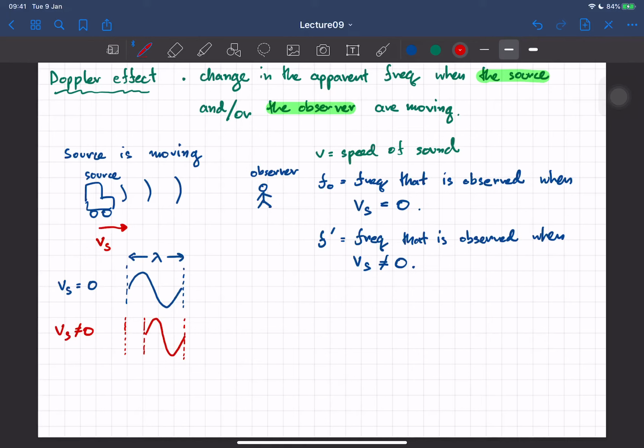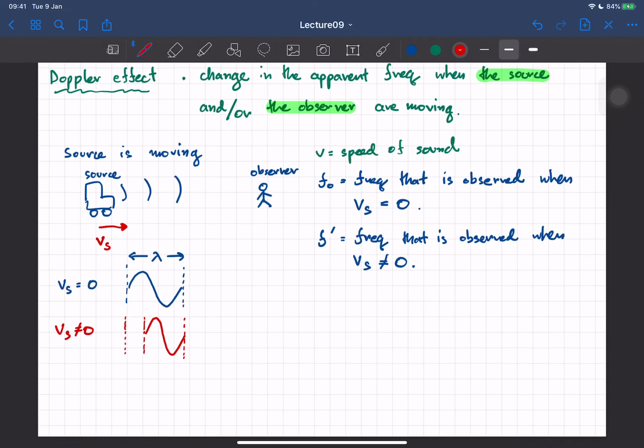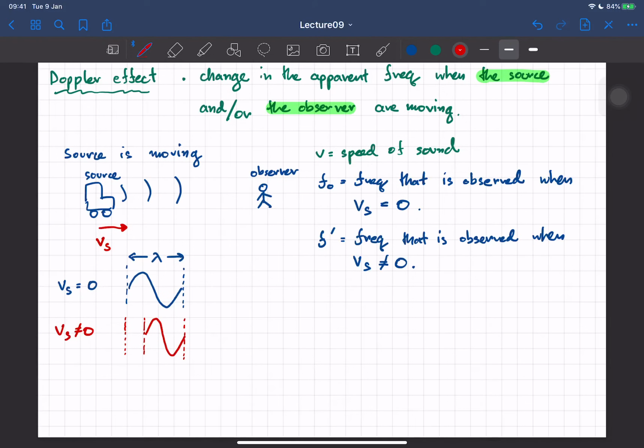So it's kind of like helping the wave to move, if that kind of picture helps. But you have to understand that the movement of the source is going to make the wavelength shorter. So the wavelength, instead of this whole thing, now becomes just this, right? So it's shorter. I'm going to write lambda prime to be the wavelength here. So lambda prime is shorter than lambda.